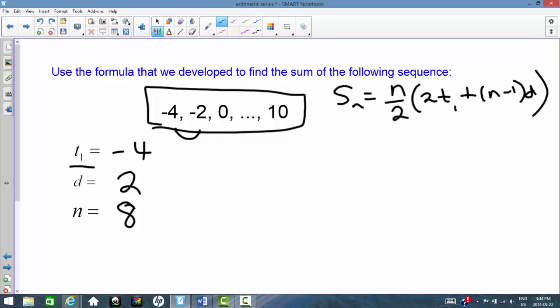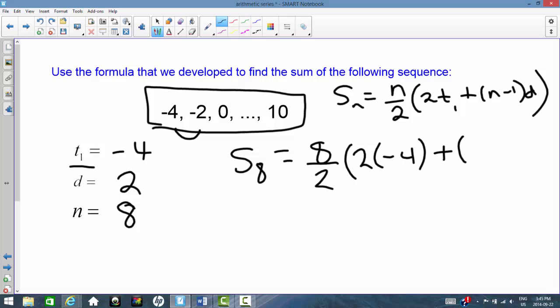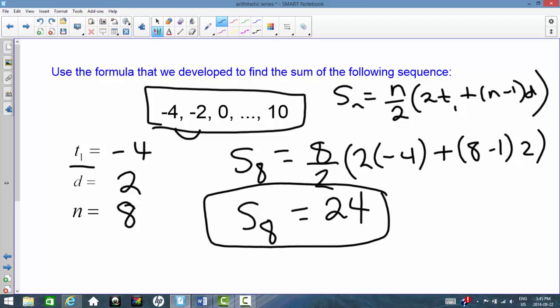We're trying to find the sum of the 8 terms we're given, and that is 8 divided by 2 times 2 times the first term, which is minus 4, plus n minus 1, which is 8 minus 1, times the common difference, which is 2. So the sum of the 8 terms is, now you can stop the video and do this math, and you should get 24.